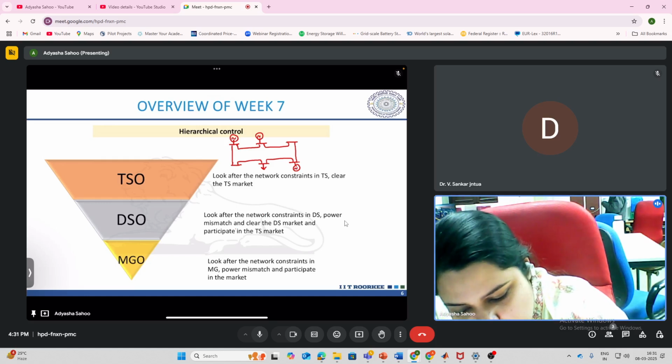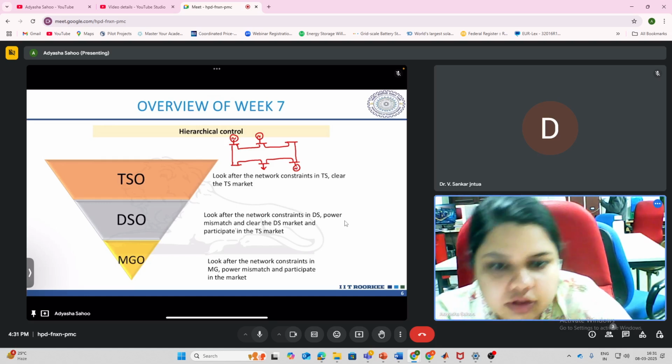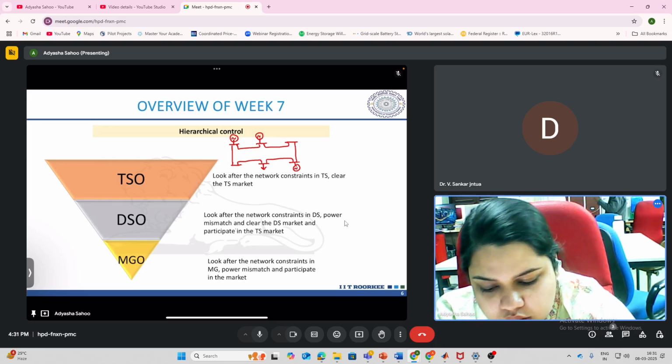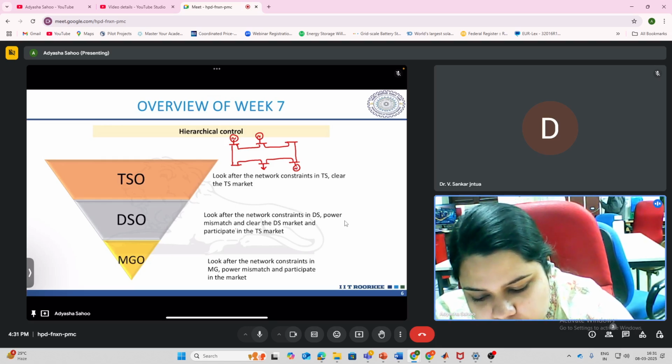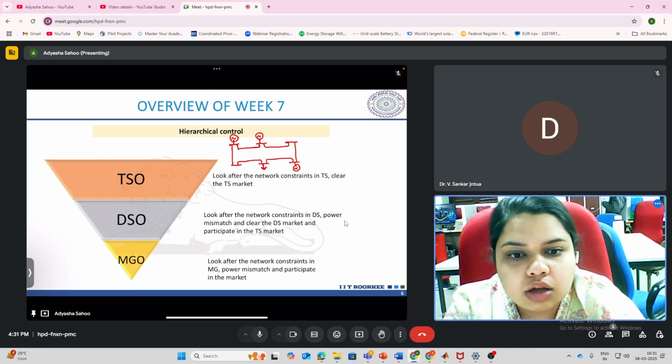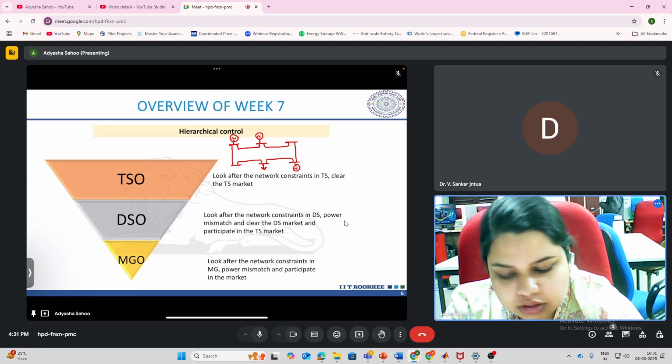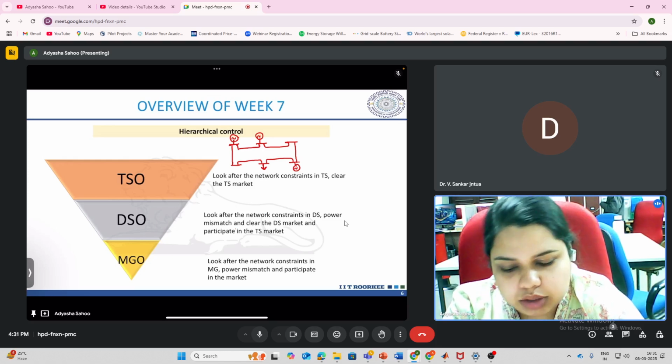Then this transmission system is looked after by the transmission system operator. So it will look after the operation of these generators, this transmission load, and the power flow through these transmission lines, the voltages at the transmission buses. So all these come under the jurisdiction of the transmission system operator.